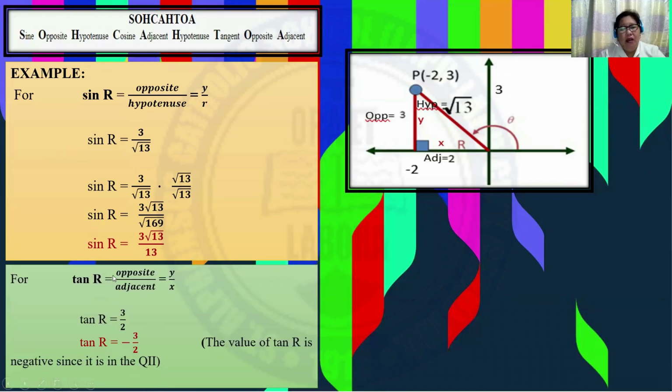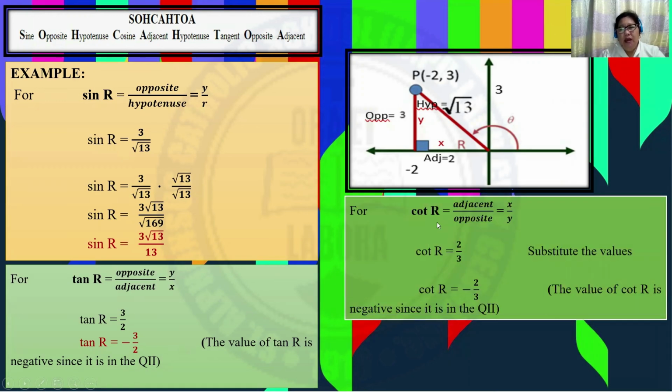And for tan R, which is opposite over adjacent, equal to y over x, the value of y again is 3, x is 2. That is why you have 3 over 2. Since this is in the second quadrant, the value of tan should be negative. For cotangent R, since this is the reciprocal of tan, all you have to do is take the reciprocal of 3 over 2, and that is 2 over 3.